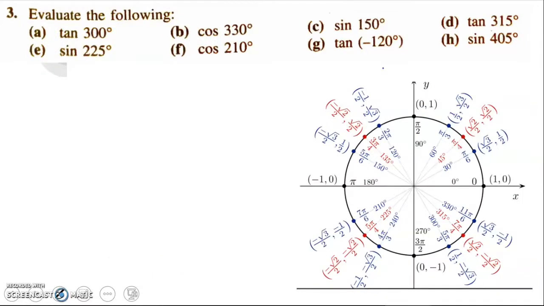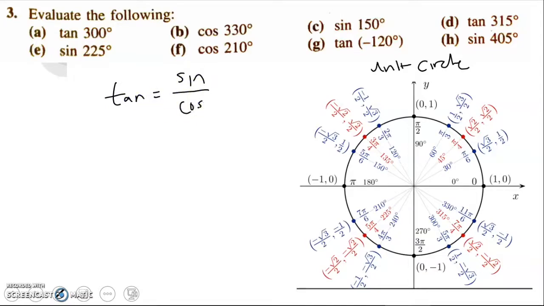Alright, number 3. Number 3, evaluate the following. I'm going to do one of these the way we traditionally do it, and one of these with your unit circle, which we learned in the video. Now when you deal with tan, I'm not actually going to use a unit circle here because it's not that complicated, but all you need to know for tan is it's equal to sine over cosine.